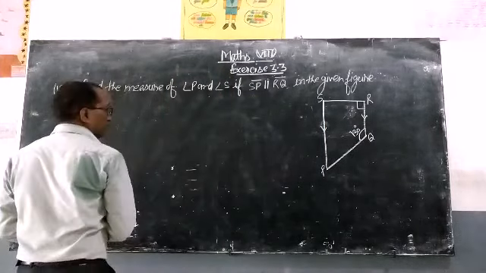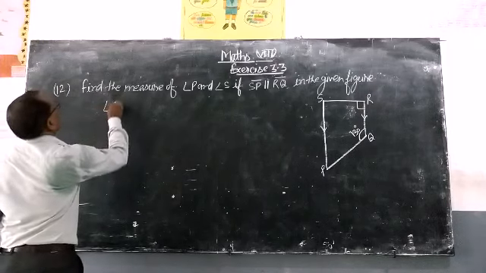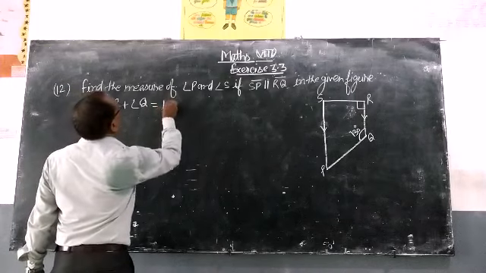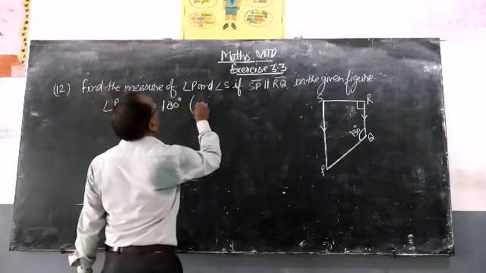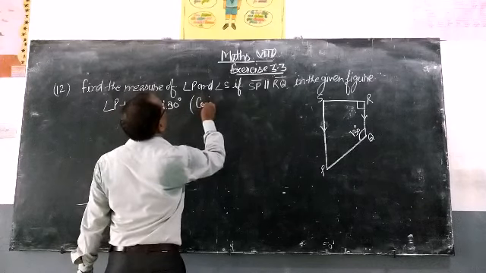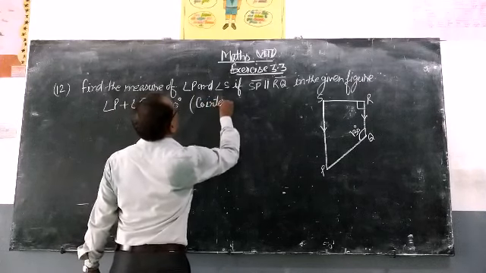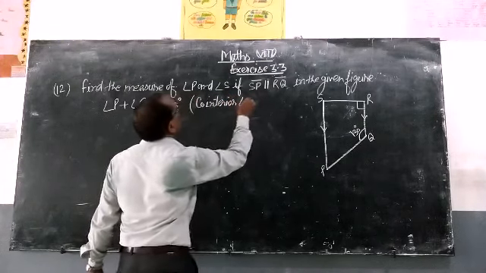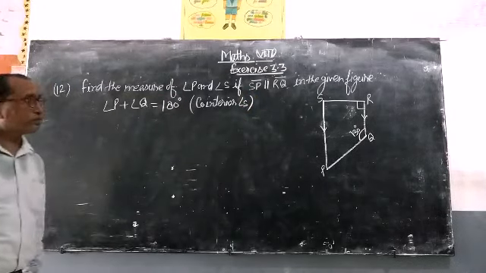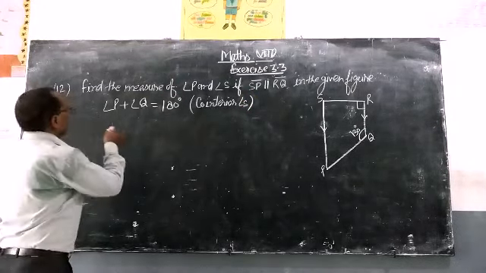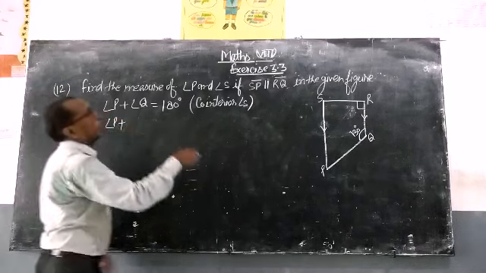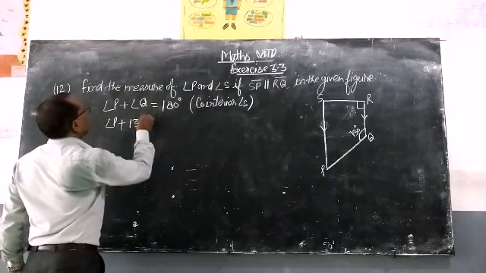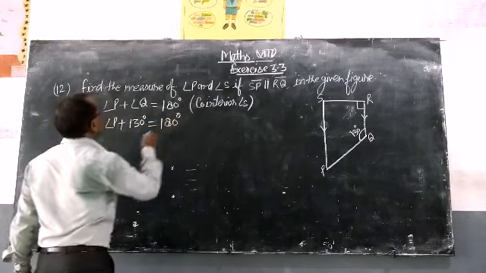By this property, you write angle P plus angle Q is equal to 180 degrees, co-interior angles. Then angle P plus angle Q value 130 degrees is equal to 180 degrees.